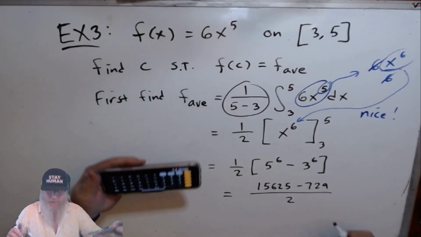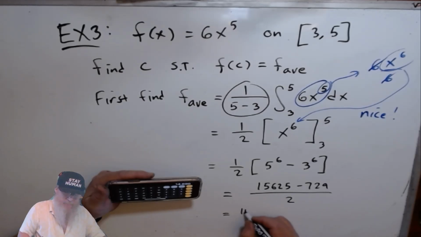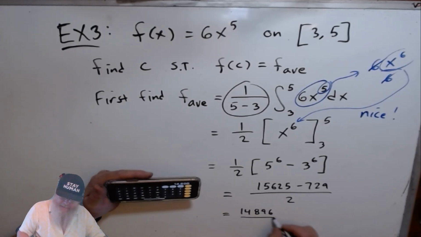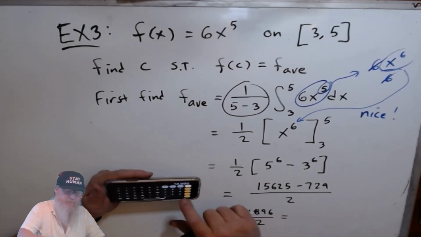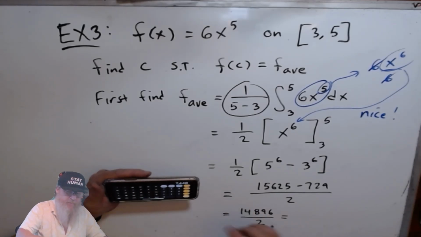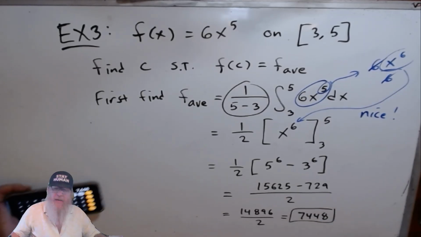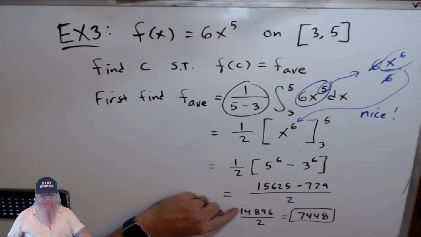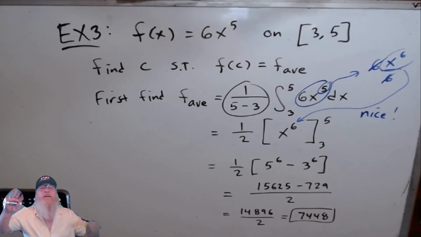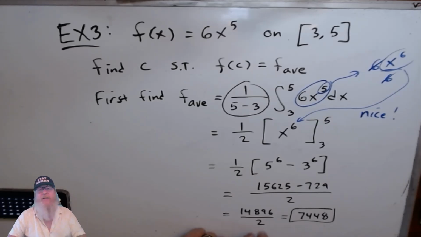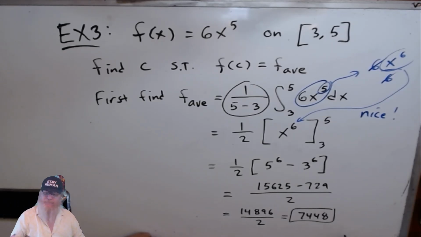We'll get 14,896 divided by 2. 7,448. If you wanted to pause and think about it, the 14,896 is the area, right? If I were to draw this curve, and then the 2 is the width, right? And so that's our average value.